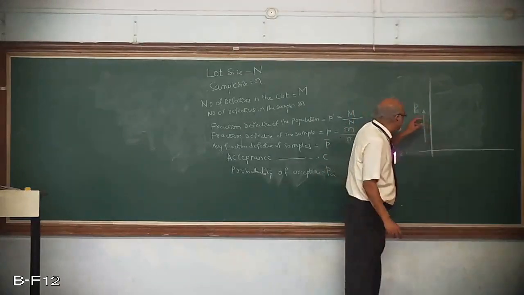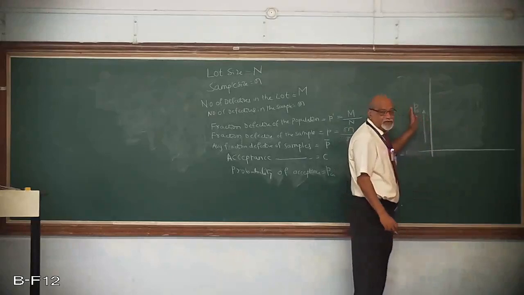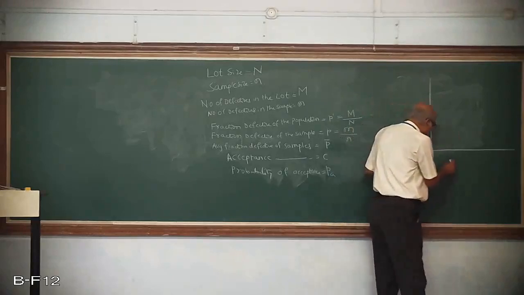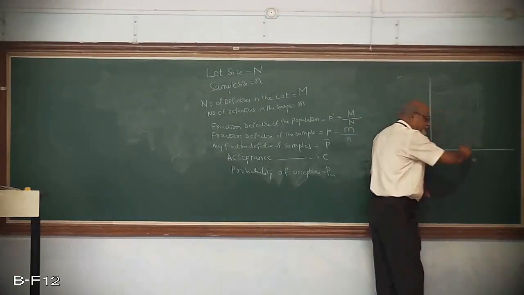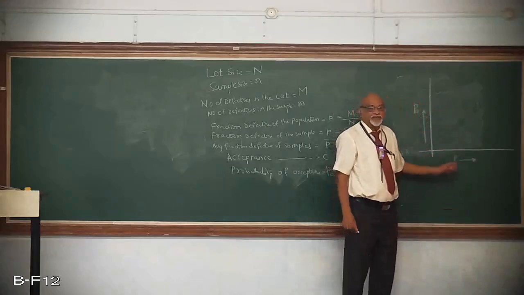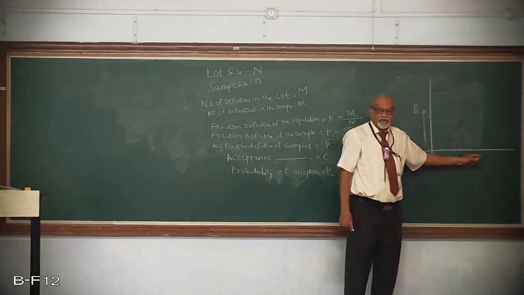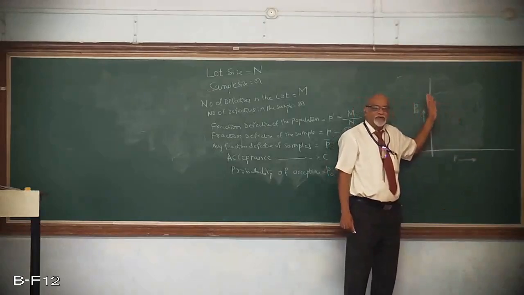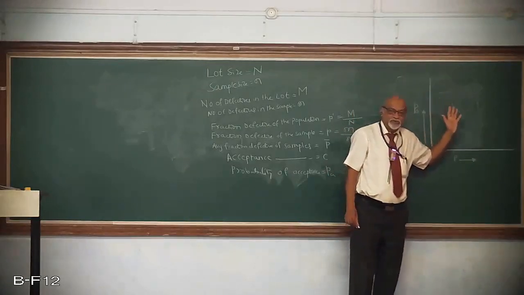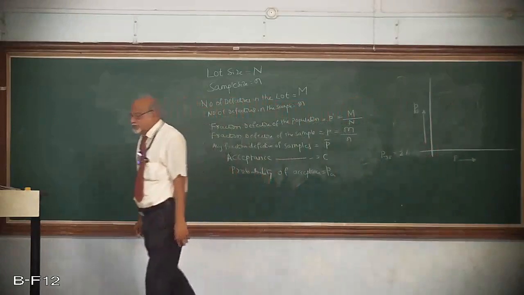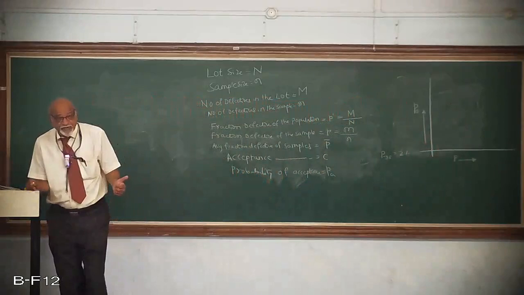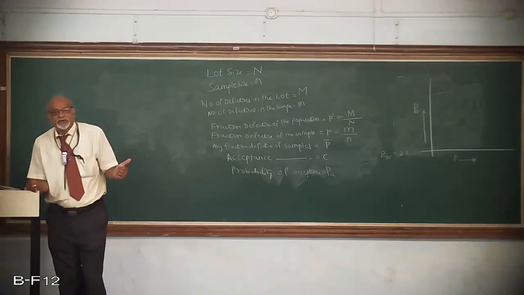This is the probability of acceptance of the lot. Along the x-axis, it is the fraction defective of the lot. As the fraction defective increases, what should happen to the probability of acceptance of the lot? It should go on decreasing. That is what is depicted by this operating characteristic curve.